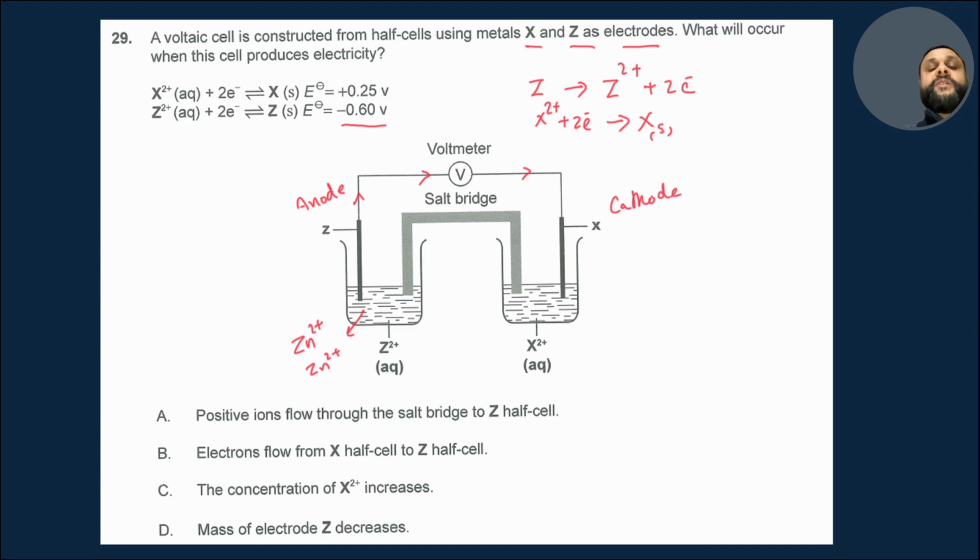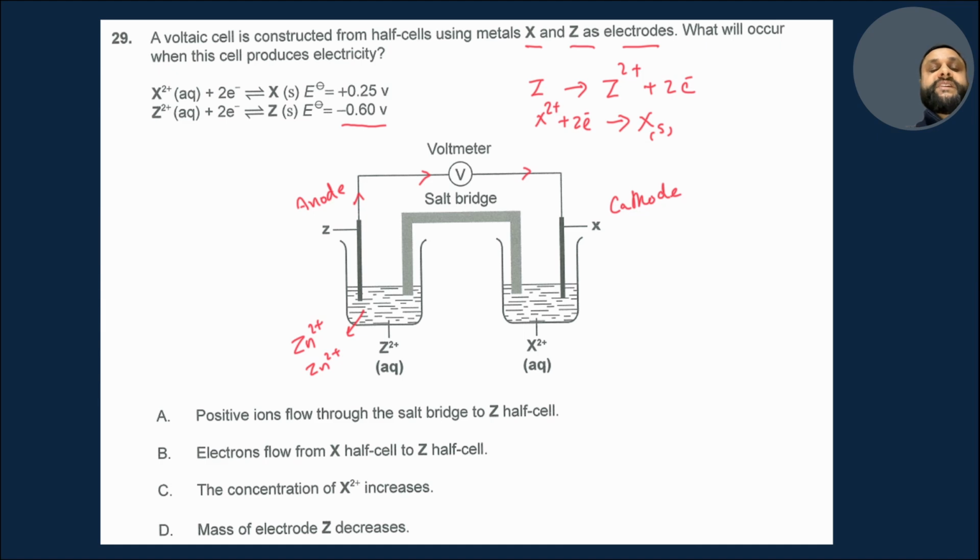So the mass of the Z electrode will start decreasing. And the mass of X will start increasing because X2 plus will gain 2 electrons and start depositing on X.